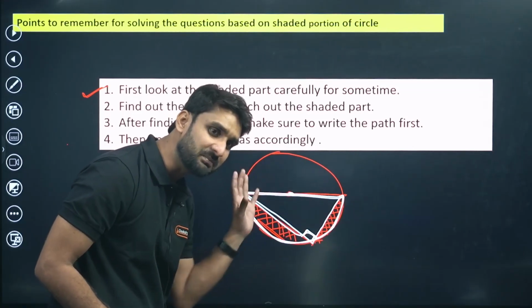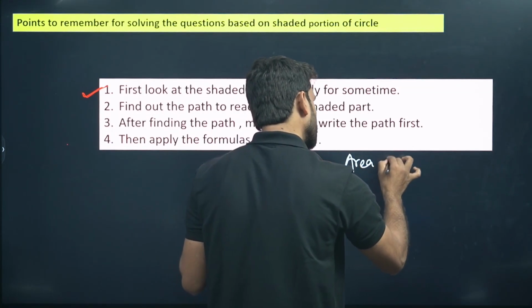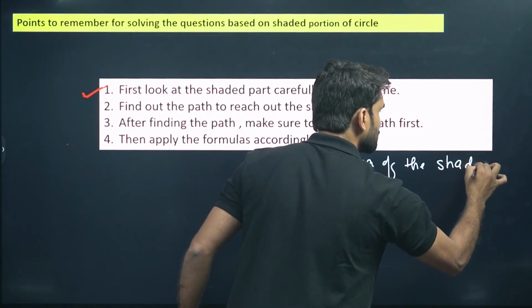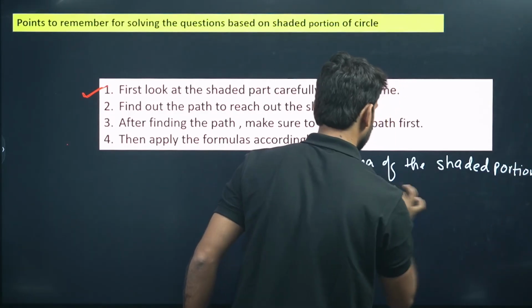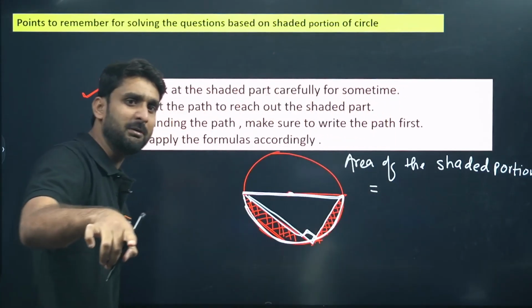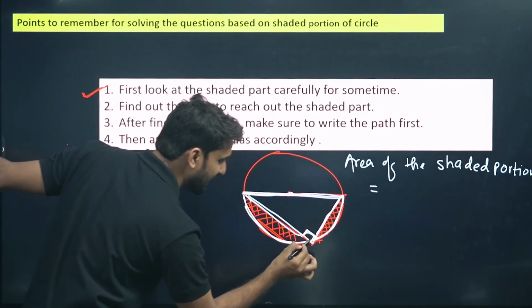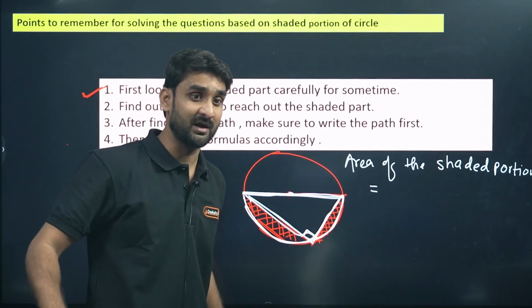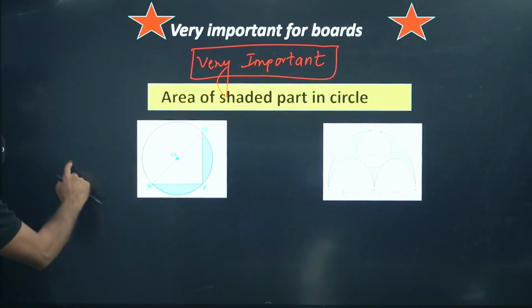So what will be the path of the shaded part? How can you reach the shaded part? The area of the shaded portion can be found out by subtracting the area of this triangle, that is the right angle triangle, from the semicircle. We know the area of a right angle triangle, we can directly put the formula of half base into height. I have already told you in the previous slide.